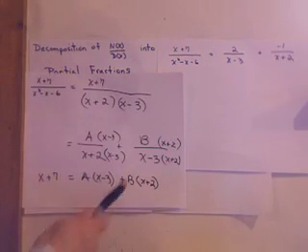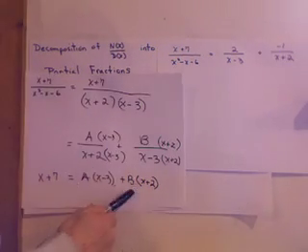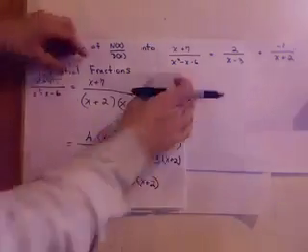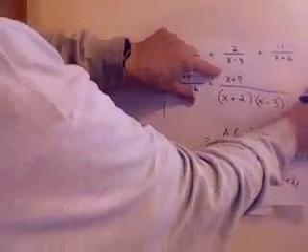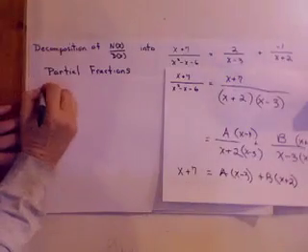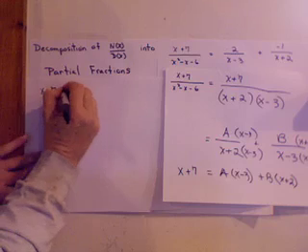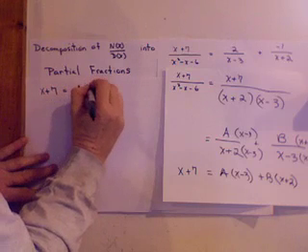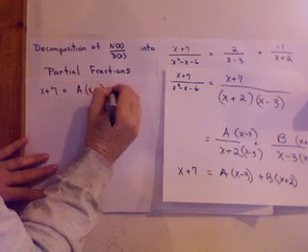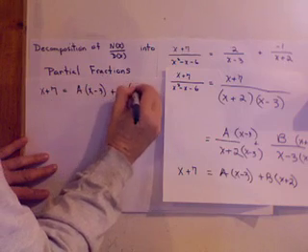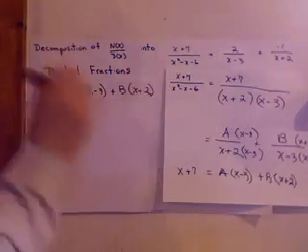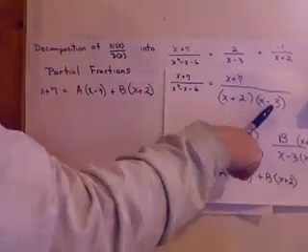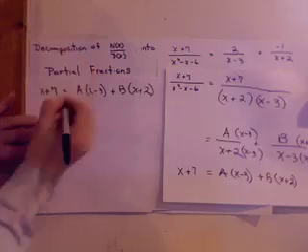Now we're going to try to solve to find the A and the B of this expression. So I take x plus 7 equals A times x minus 3 plus B times x plus 2. I try to solve that by choosing either negative 2 or 3. Let's do negative 2 first.